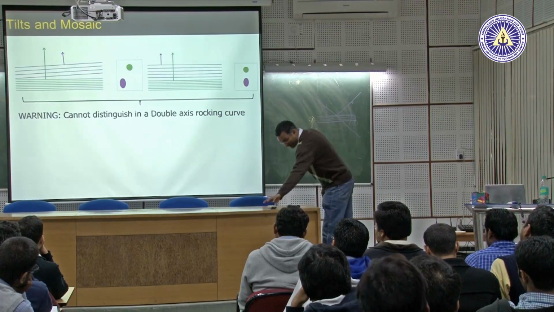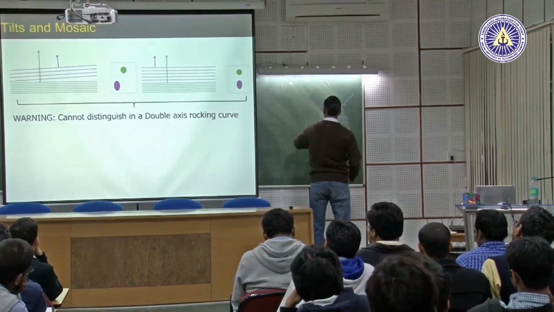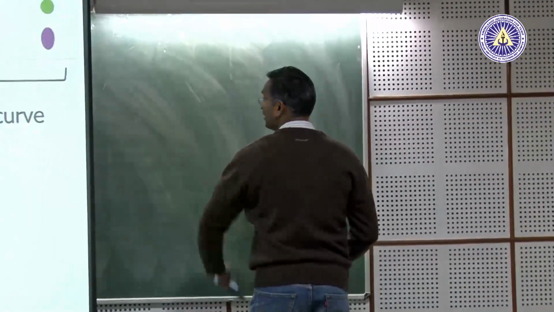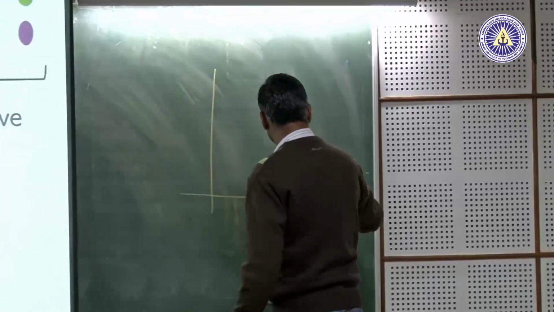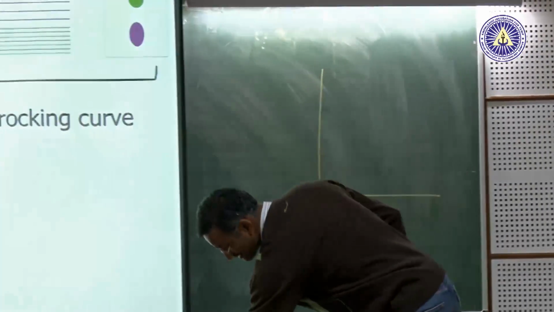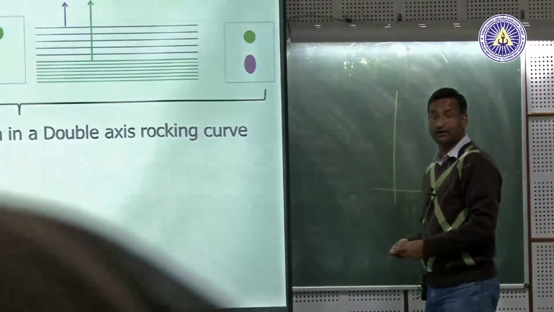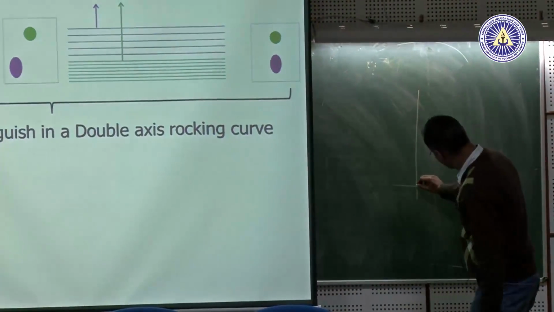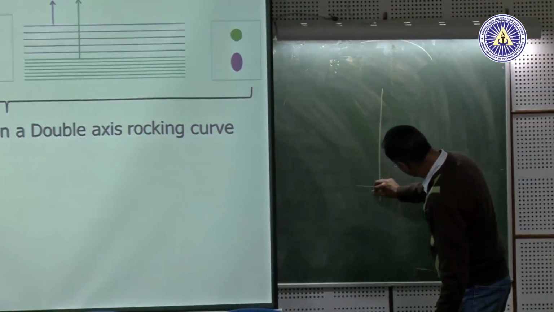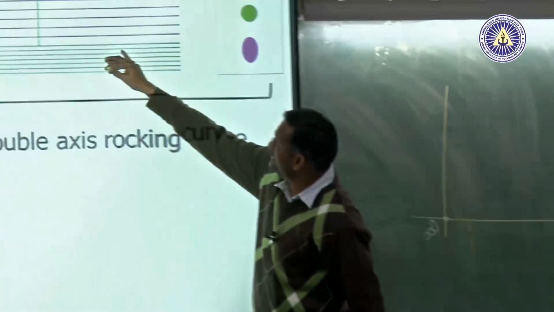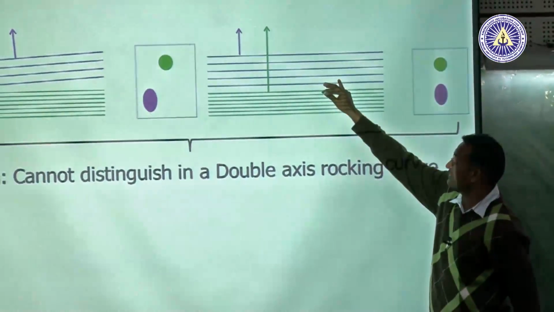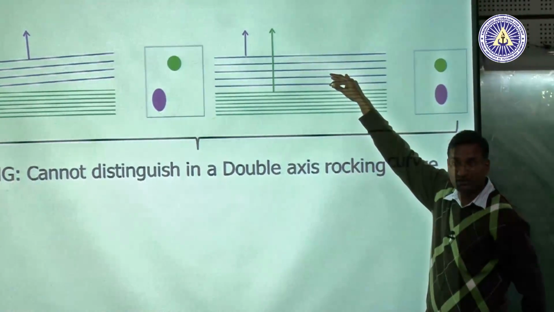If you look at the reciprocal lattice points, look at the right picture first, okay? If this is the origin of reciprocal lattice 0 0 0, and the d spacing of these planes is different to the d spacing of these planes, right.